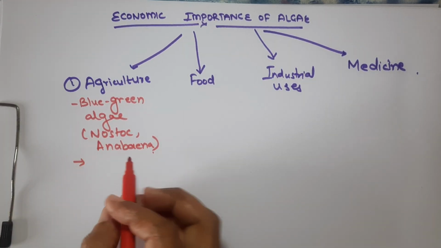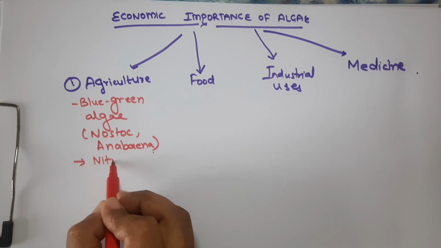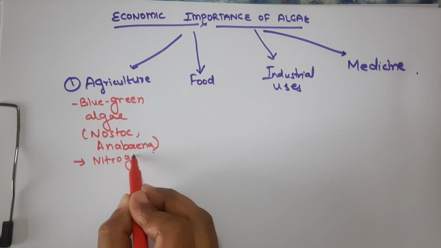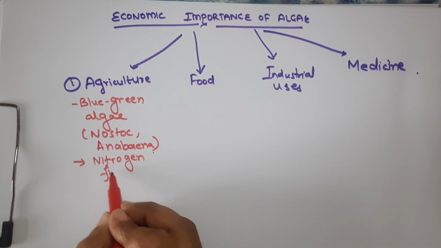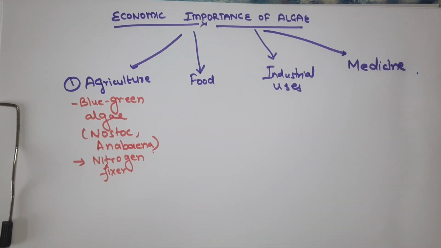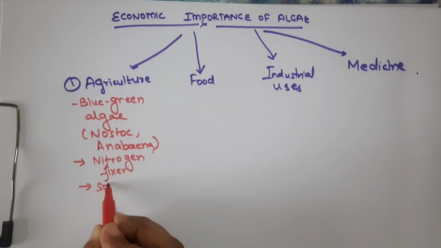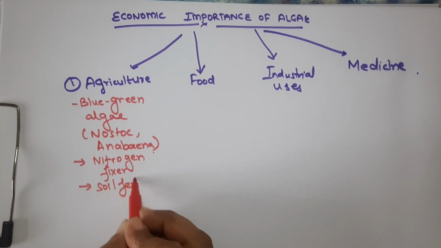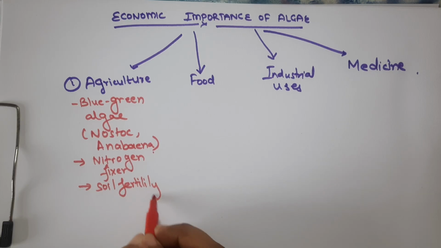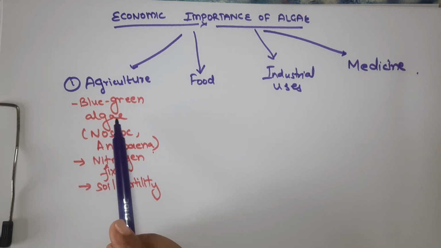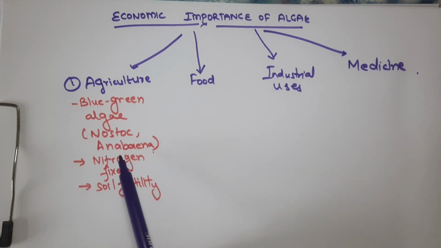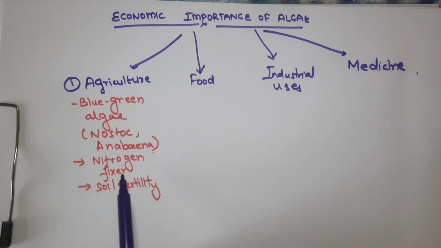Therefore they are used in agriculture for improving soil fertility. So if you are asked to write a note on the economic importance of algae, you can write it easily in four points. The first one is agriculture: the blue-green algae Nostoc and Anabaena, as nitrogen fixers, are used for improving soil fertility.